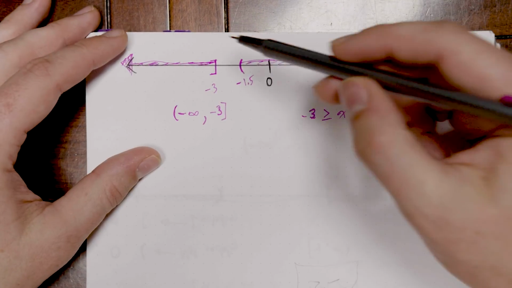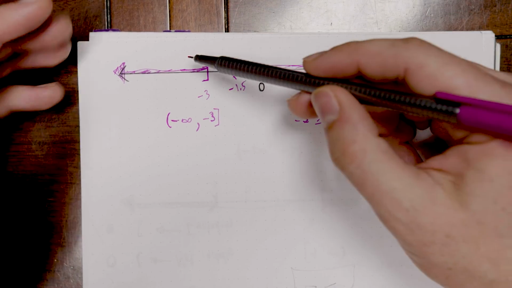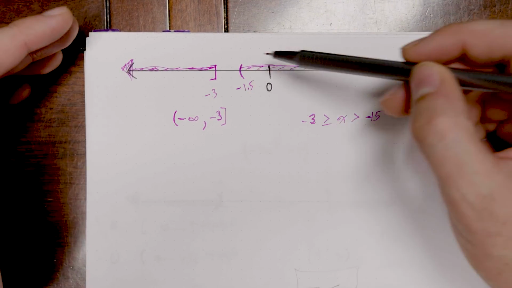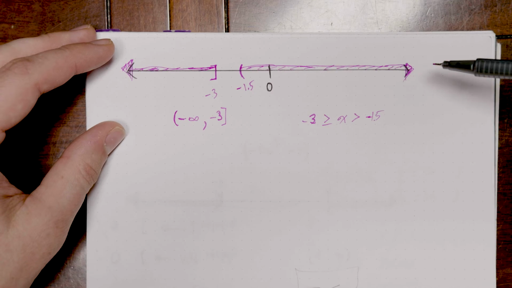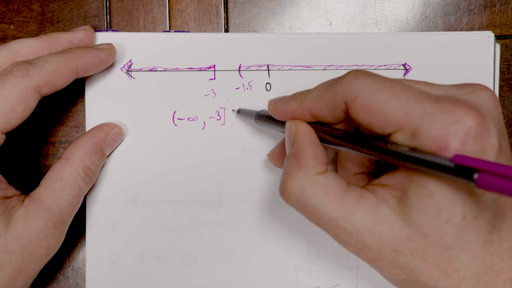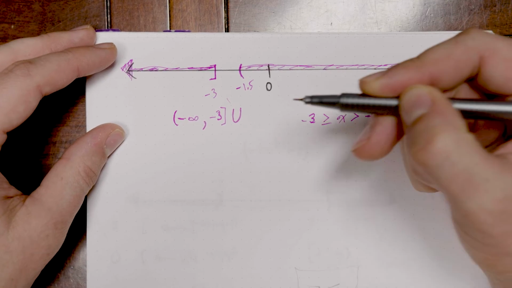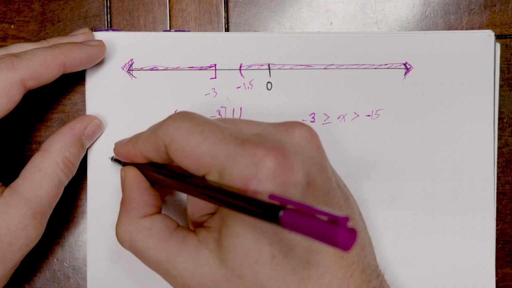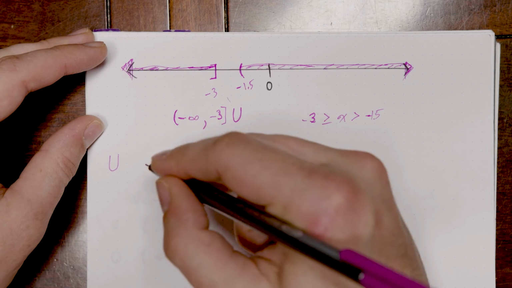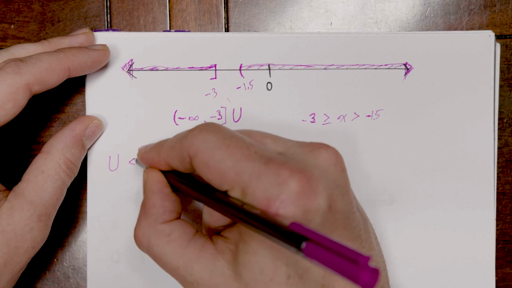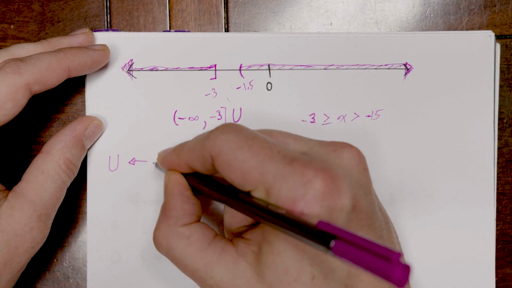Now, we need to find a way to say that we're talking about all of this and all of this. So we use this great big U looking symbol. This symbol stands for the word union.